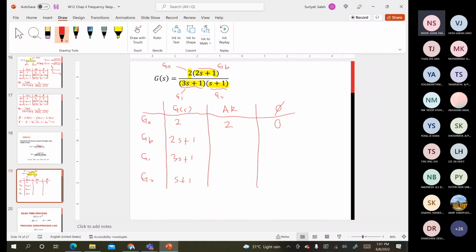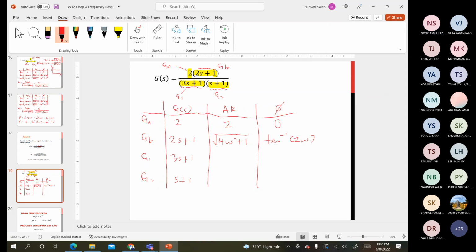So for the 2s plus 1, it is based on the square root of tau square W square plus 1. So here the tau is 2, so you get 4W square plus 1. And for the angle, it becomes the inverse tangent 2W.